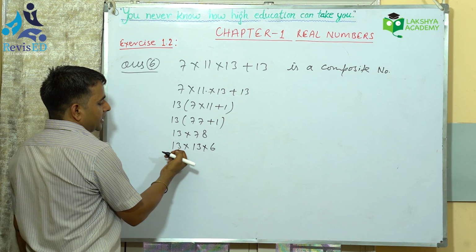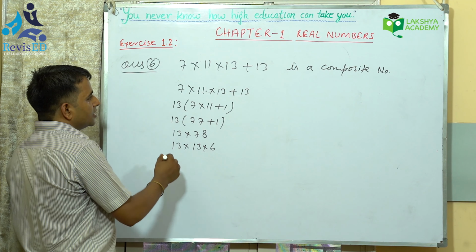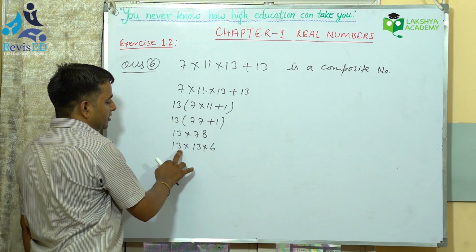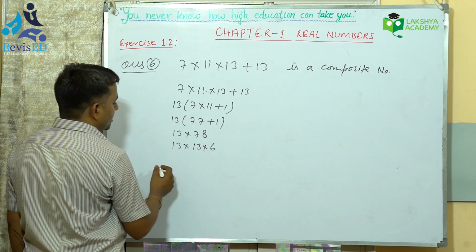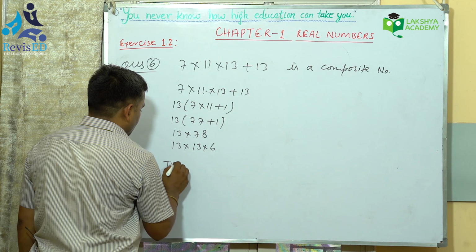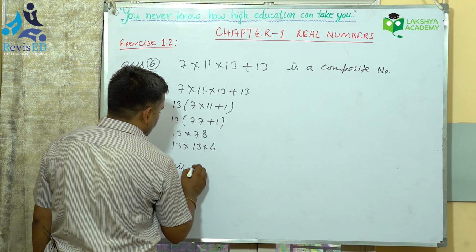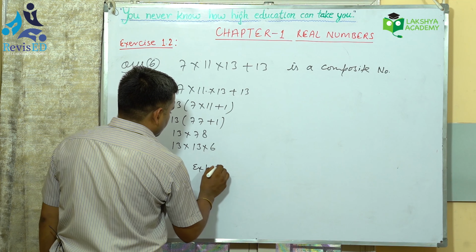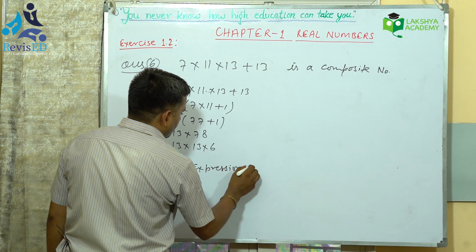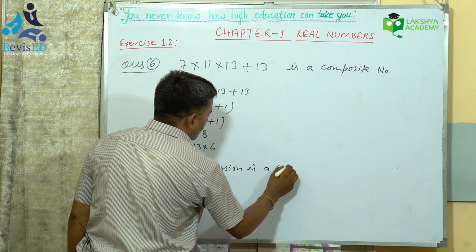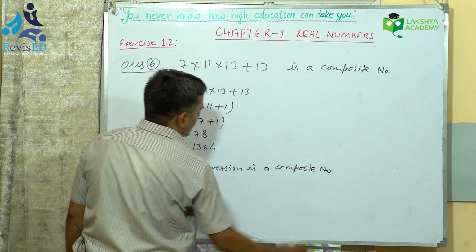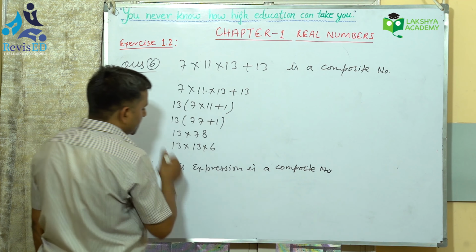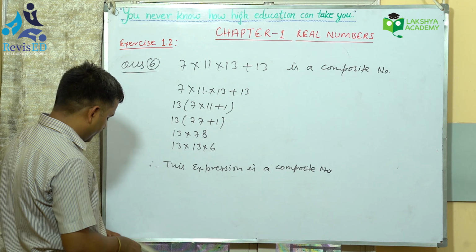So this number has other factors also, they are 13 and 6. So this is a composite number. Therefore, the given expression is a composite number because it has other factors, 13 and 6, other than 1 and itself.